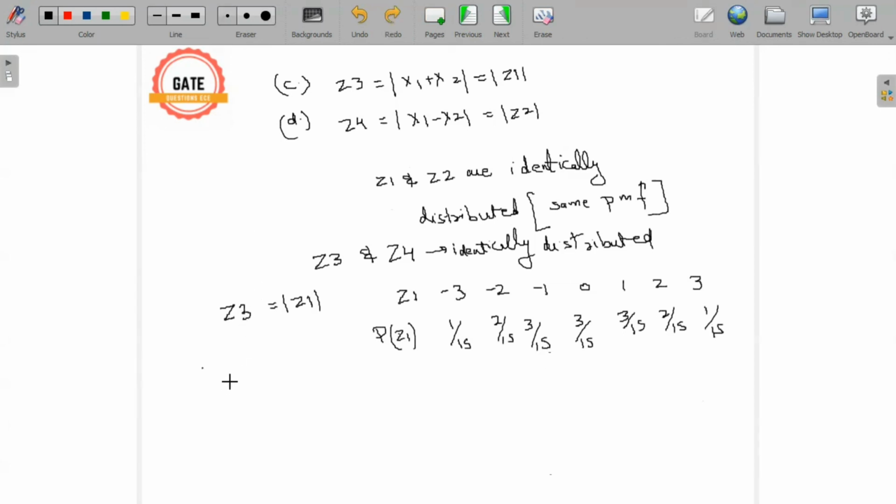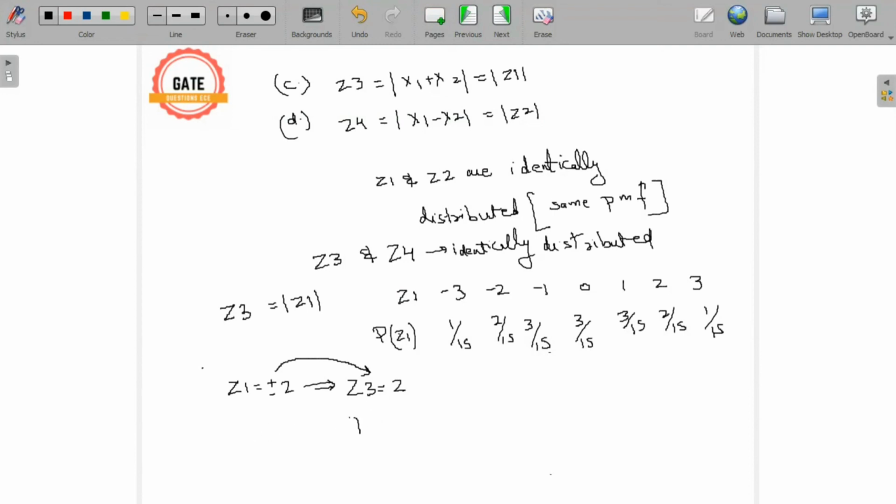So we know that for Z1 is equal to plus minus 2, whenever Z1 is plus minus 2, the mod will be plus 2. So Z3 will be only 2. So there is many to 1 transformation. For two values of Z1, which is plus and minus 2, we are having one value of Z3.